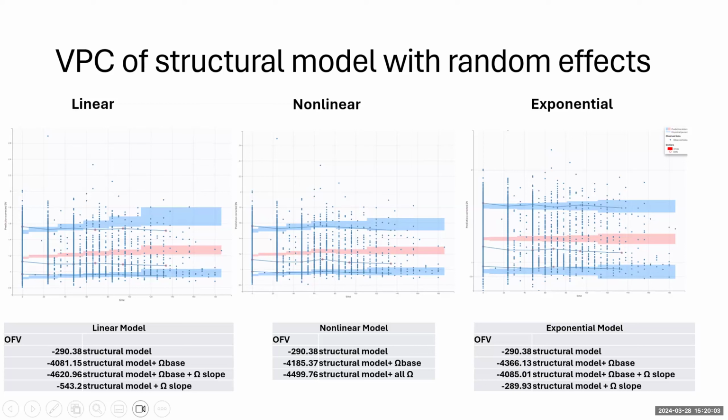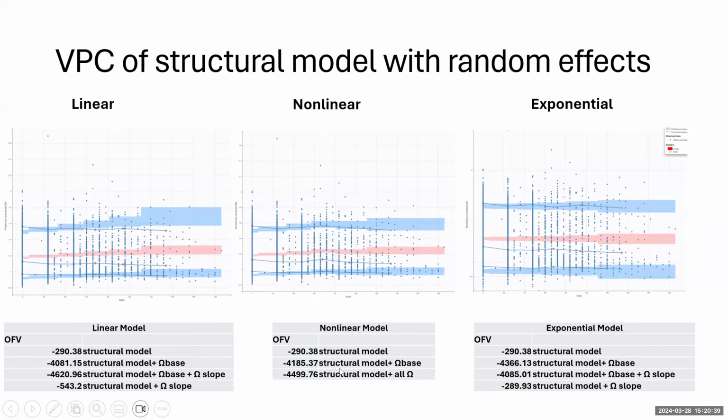First I checked the objective function value of the structural model without adding random effects for each one, and then added a random effect for each parameter. In the linear and exponential we have two parameters: the baseline of the amyloid and the slope, which is the accumulation over time.